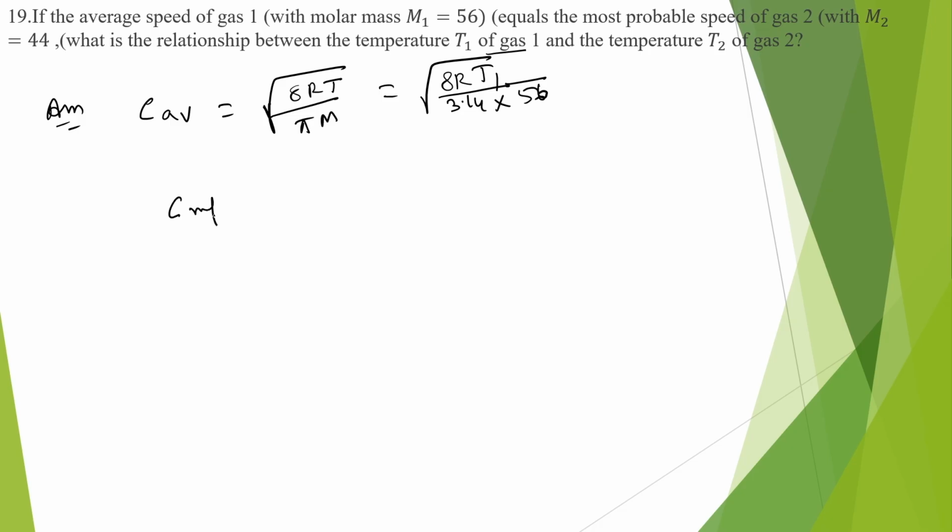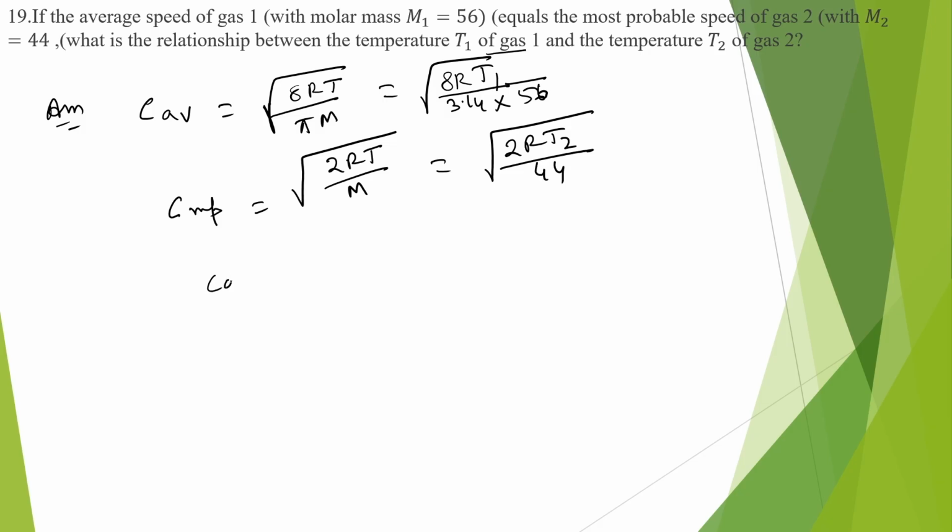So, C most probable is root over 2RT by m. So, you get root over 2 R T2 by 44, and they are equal. So, C average is CMP.